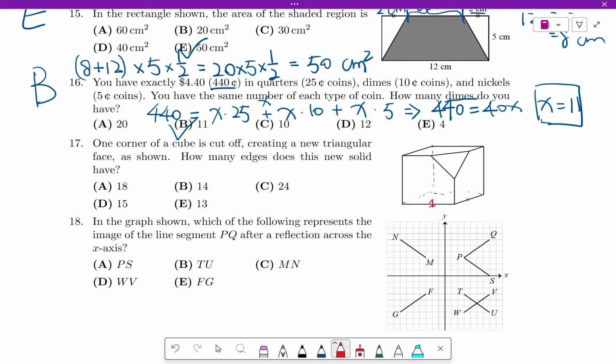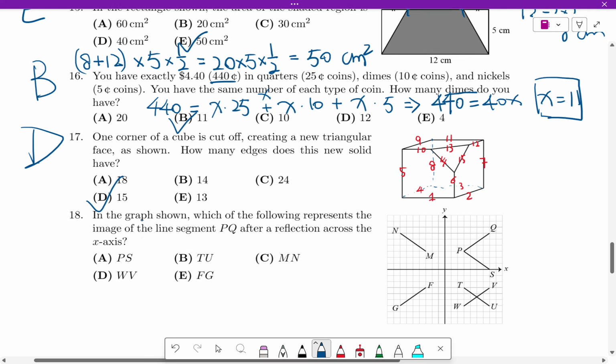We have 1, 2, 3, 4, 5, 6, 7, 8, 9, 10, 11, 12, 13, 14, and 15. We have 15 edges in this solid. Don't miss any edges, and we will get the correct answer.